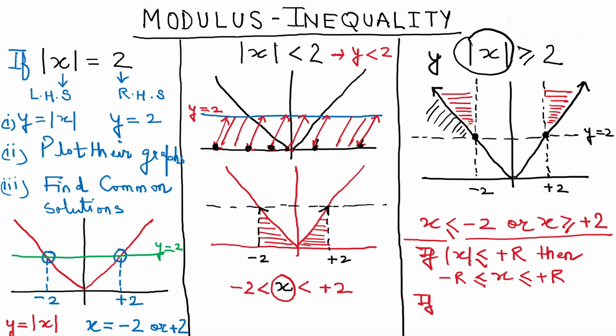Next, if modulus x is greater than or equal to +r, then can we say that x is less than or equal to +r? So it should be x is less than or equal to -r.